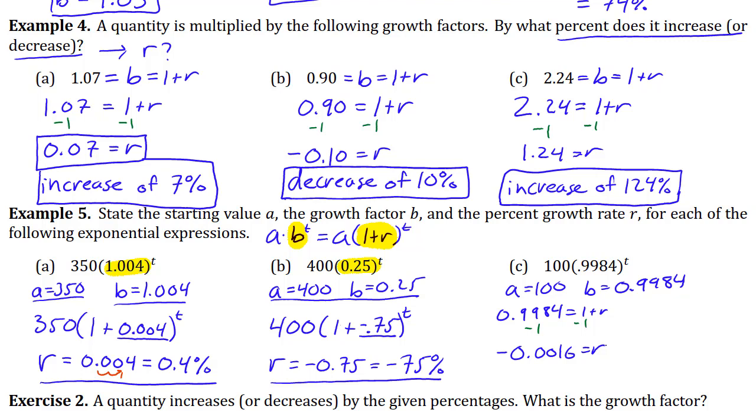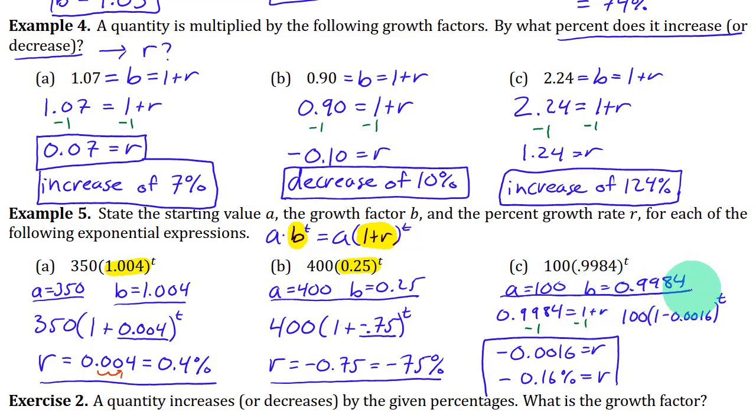So yeah, you could write this as 100 times 1 minus 0.0016 to the power t. And you could also write this as a percentage. You could write this as a negative 0.16% if you move the decimal place over 2 times. Also the answers for A and B here. All right, so that's how this works.